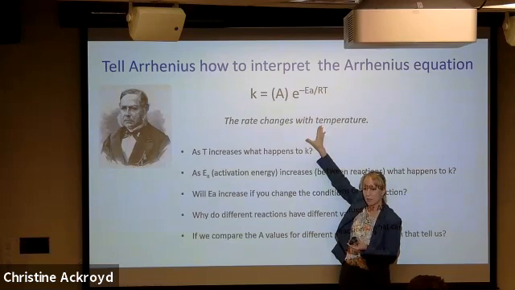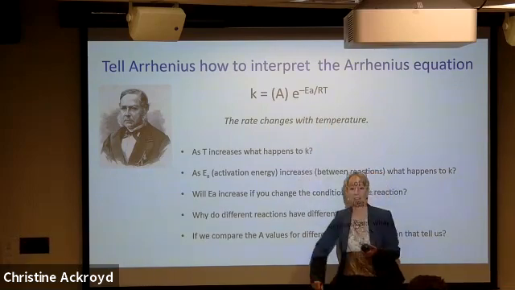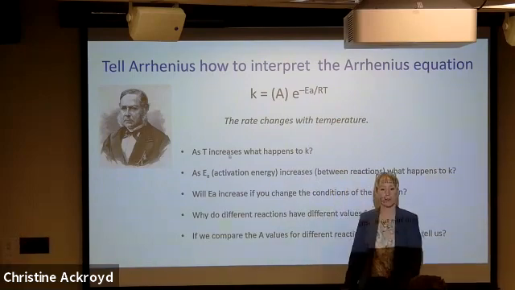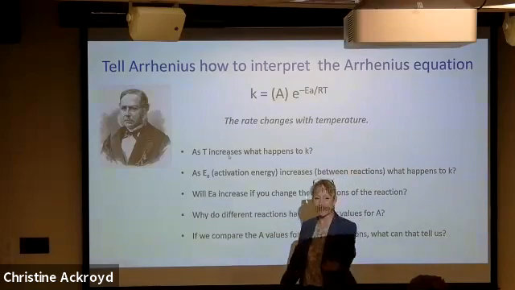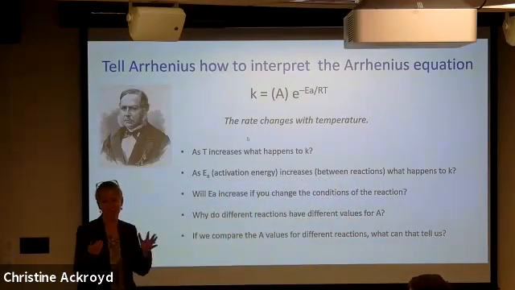Does it have units anymore? A is the number that also has units. So where do the units of k come from? We make them up according to the order of the reaction in order to give us a rate of molarity per second.